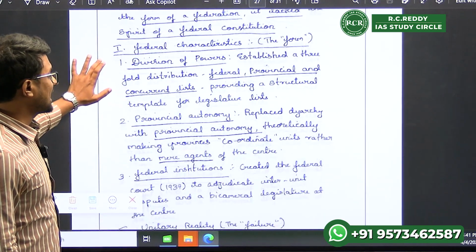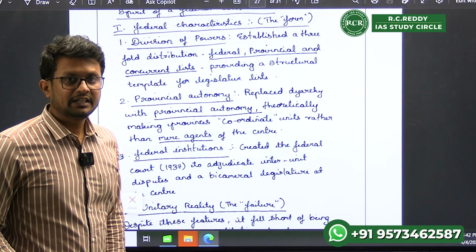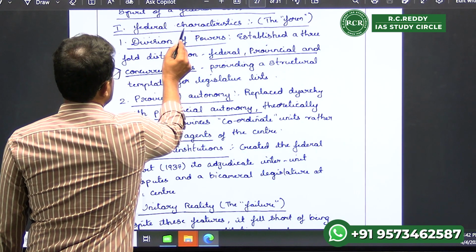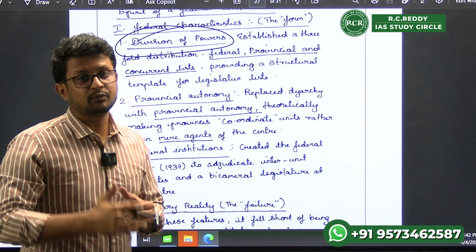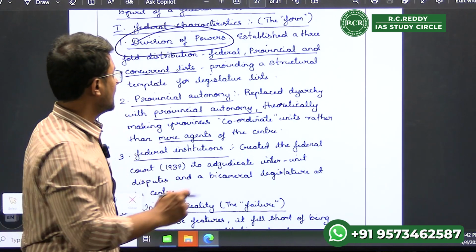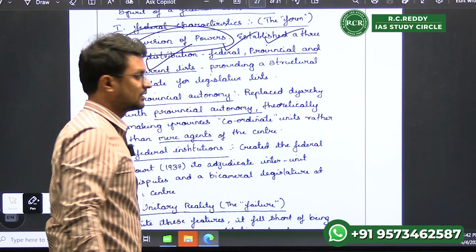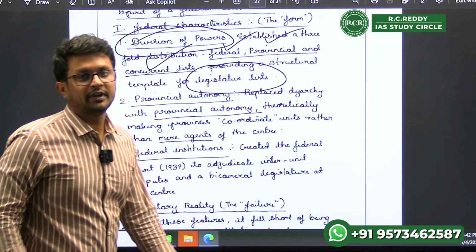What are the federal characteristics that they try to present? The first important thing is the act tried to present what is known as the federal lists, the legislative lists through the division of powers. It has called for a federal, provincial and concurrent list. So all the three legislative lists have been provided.